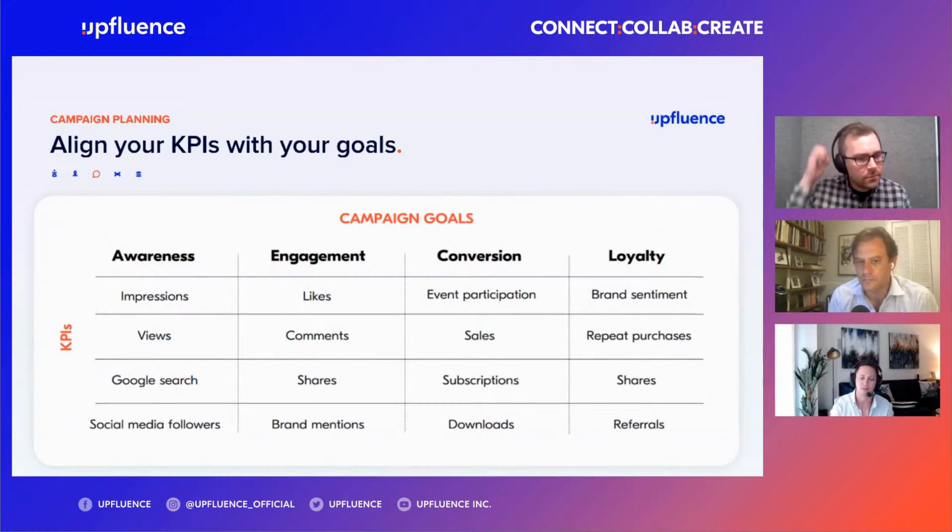You're trying to get people to know who you are, where you fit into the marketplace, and that could just be the overall goal of working with influencers. And if that's the case, you might choose different influencers based on just wanting to get the maximum audience or impressions or views, as you can see there.